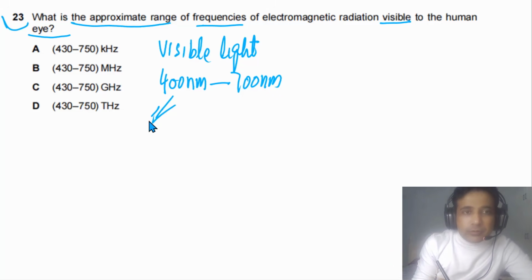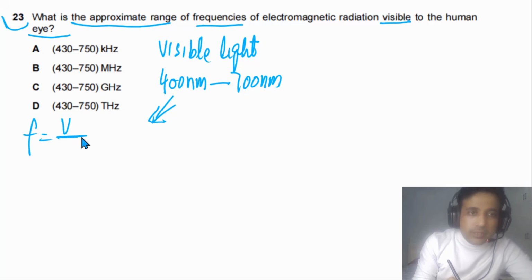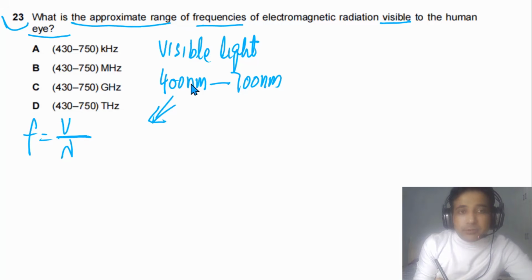Now we need to convert this wavelength into frequency. Frequency simply is equal to speed of wave in air or in vacuum divided by lambda. So we have lambda. So this is also the wavelength of visible light in air or in vacuum. So we have to take the speed of light in air or vacuum as well.